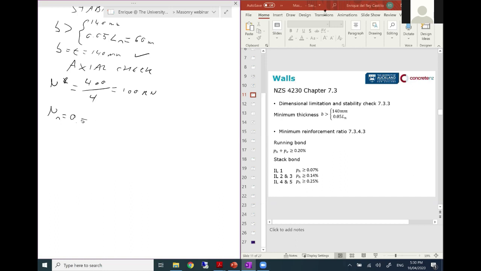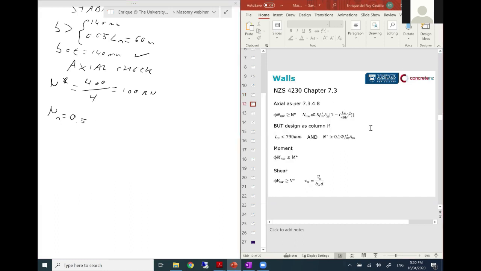0.5. Let me move this down to there. And then we have f'm times the cross area times 1 minus LN over 40 times B, squared. Like this.